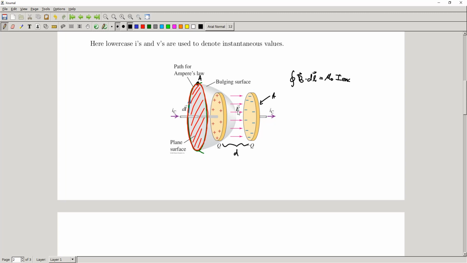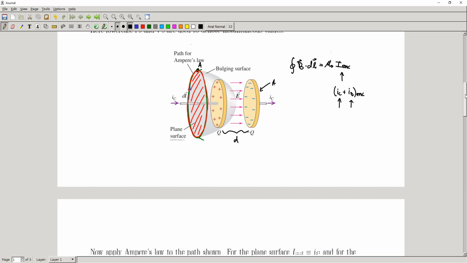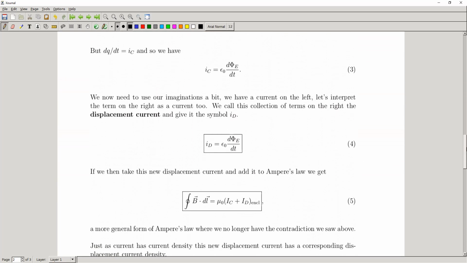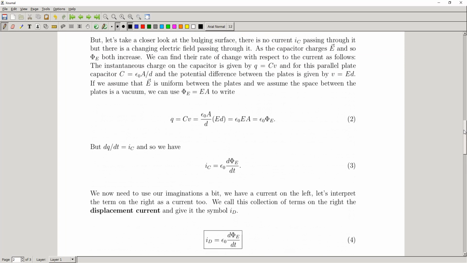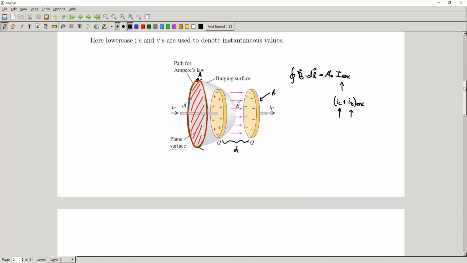And because of that, I enclosed, which we now know can be IC plus ID enclosed, is still going to have 0 for IC enclosed, but our ID is non-zero. And if you do the calculation, pull out the electric flux, and realize that ID is equal to IC, you're going to end up with exactly the answer you would have gotten had you used this disk as your open surface.